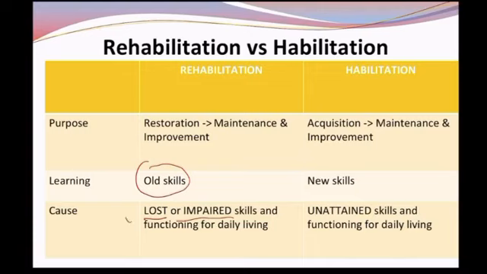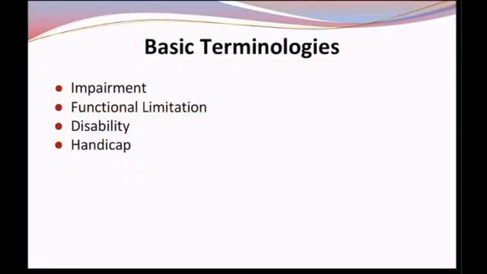So we want to restore so that a person can maintain and improve these skills. When we say habilitation, this is acquiring new skills that are not yet attained by a person for daily living skills. So if these are not yet attained, then we try to acquire them and maintain and improve these skills as we go along. Now let's look at some basic terminologies.